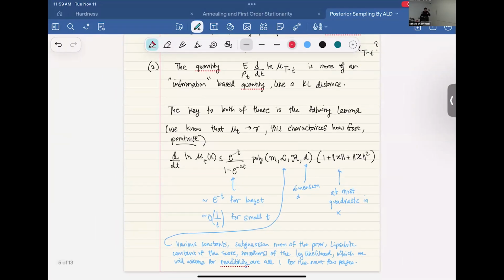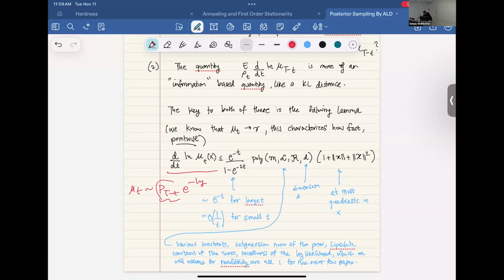The lemma that you can use to do both of these things just bounds this quantity, the derivative of the pointwise densities. It turns out that there's enough regularization in the original OU process. Remember that mu t comes from the OU process of p times e to the negative Ly.